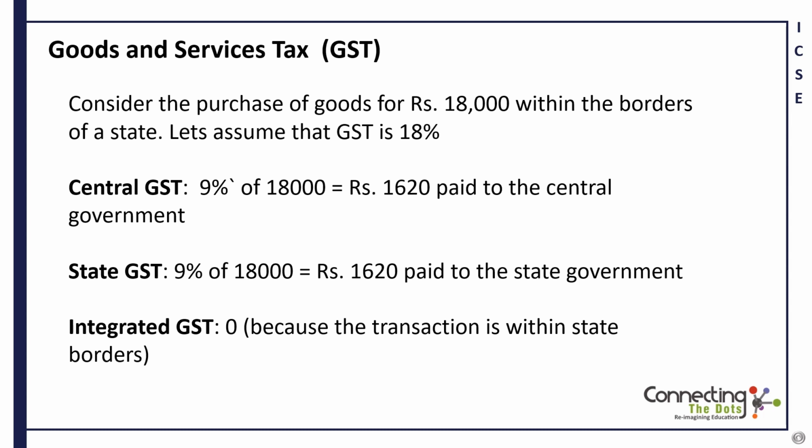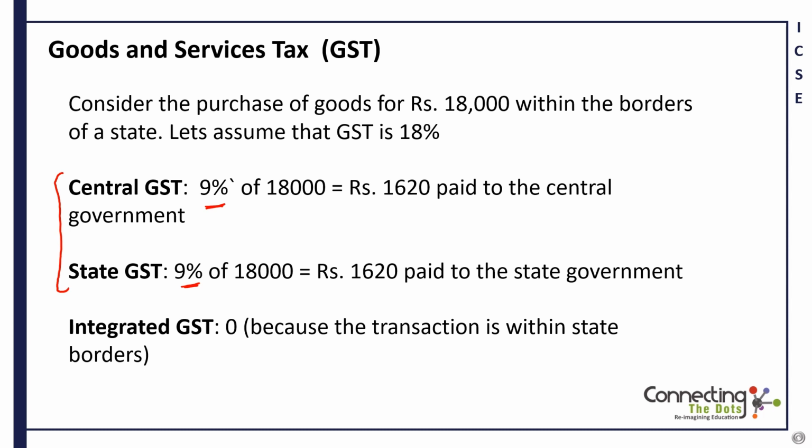CGST and SGST, which are the central and state government components, are the two components that we should consider. Because remember, this is a transaction which has happened within a state. So the 18% GST is split between central government 9% and state government 9%. So each gets 9% of the 18% collected.